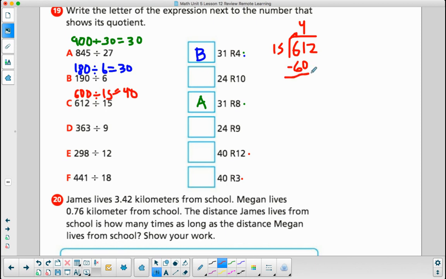So there's still one left. Change that 1 ten into 10 ones, plus 2 more ones make 12 ones. There aren't any 15s in 12, so 0 gives me a remainder of 12, which I think was one of my options. 40 remainder 12 is this one here. So letter C goes in there. Again, you can watch the video if you want to look at it again.